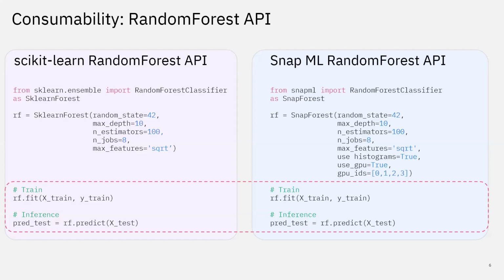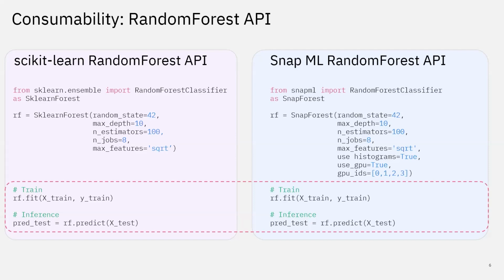We have mostly the same parameters as scikit-learn: random state, max depth, n estimators, n jobs, max features. We have some additional ones, like use histograms. This is an optimization that splits each node using histogram statistics instead of searching through all of the possible values, which can bring a lot of acceleration, as well as use GPU and GPU IDs, which tell SnapML whether it should use the GPU or not, and then how many GPUs to use and which IDs it should use.